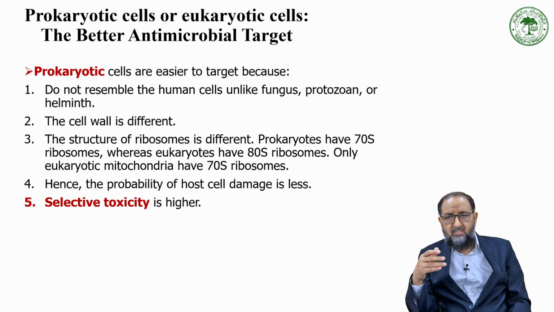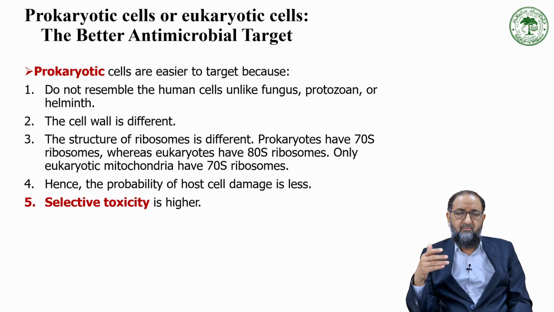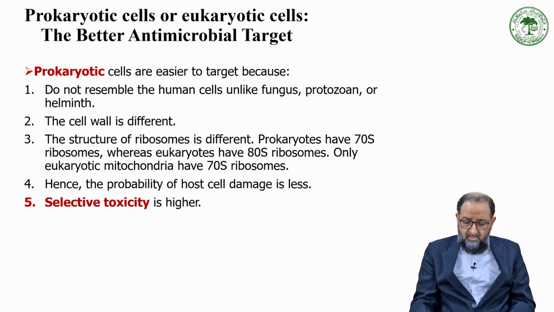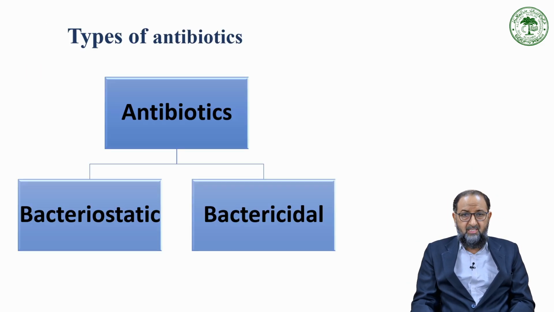In the case of anti-prokaryotic antibiotics, they are less prone to show side effects on the human cell, whereas anti-eukaryotic antibiotics have more chance of showing side effects on the human cell because of the cell similarities. Selective toxicity is higher in the case of eukaryotic systems.